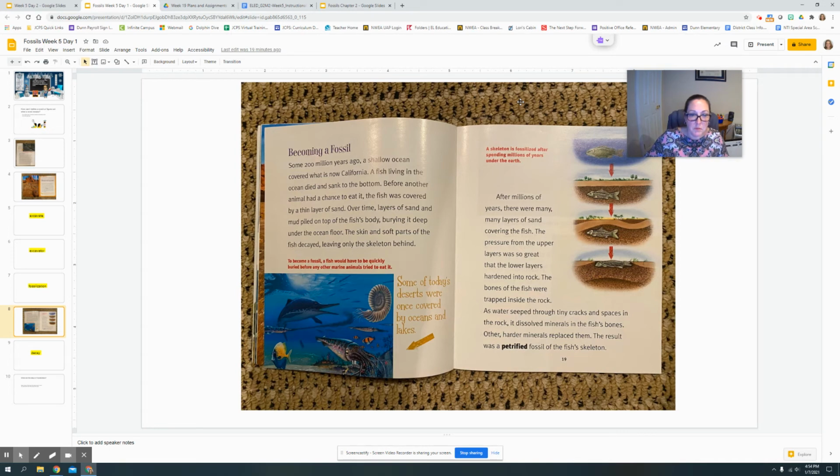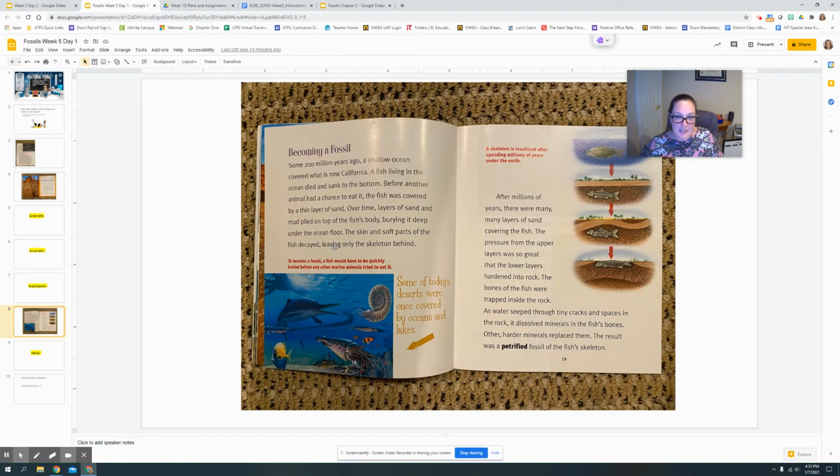Okay, but there was one more word I wanted to talk about too. The skin and soft parts of the fish decayed. Decayed. What does that mean, decayed? The skin and soft parts of the fish decayed, leaving only the skeleton behind. That second part of the sentence, leaving only the skeleton behind, makes me think that something went away because there was only something left behind.